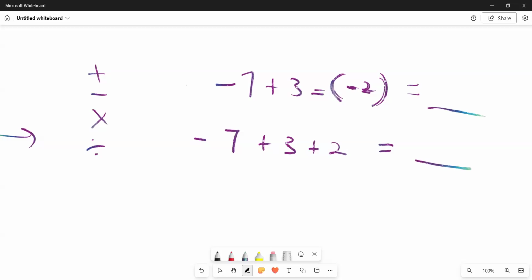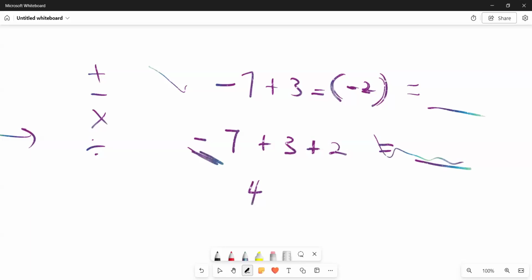So whether you use your calculator directly, or you make use of the rule where you take these two negatives and it becomes a positive. If you want to do the next step the hard way, because you look like you want to do the hard thing: -7 and 3, these two signs are different, so you find the difference of the two, which is 4.